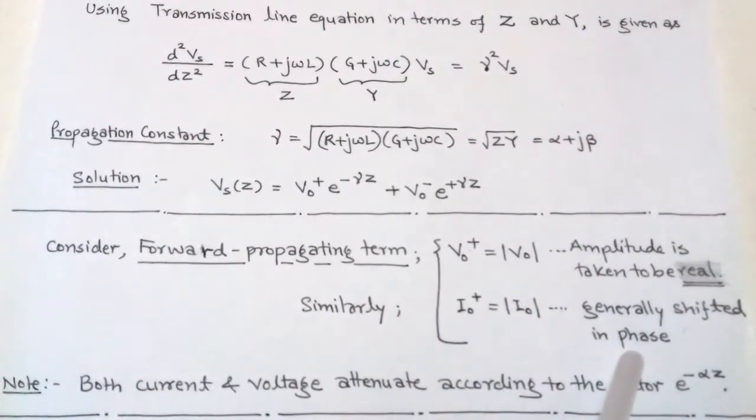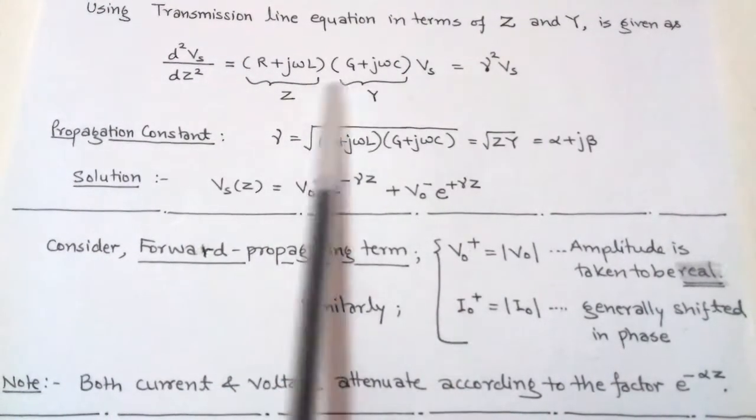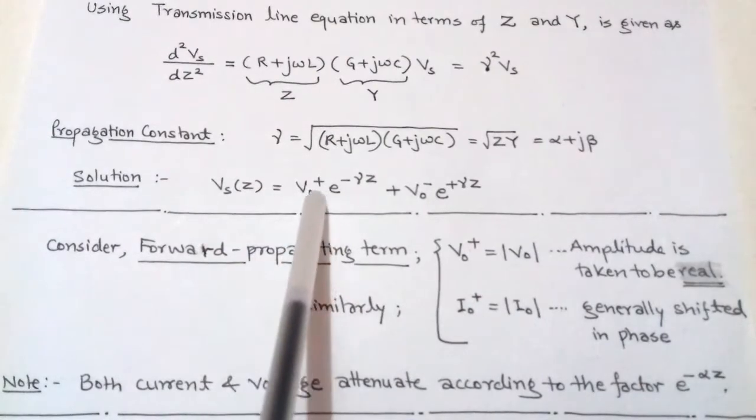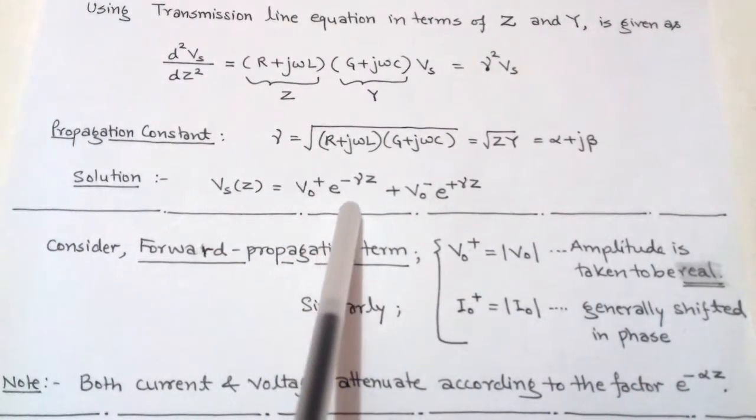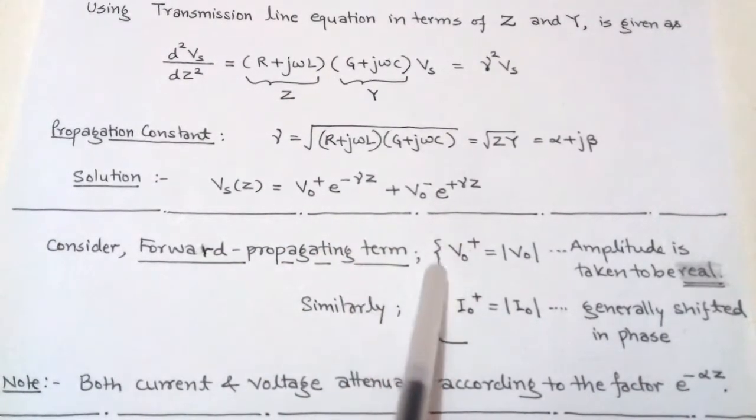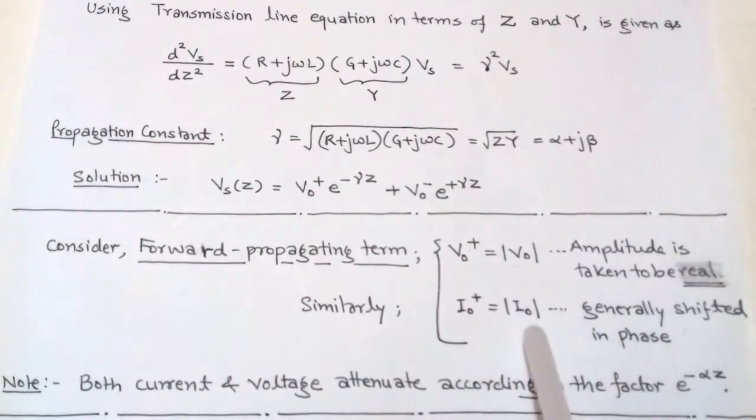So here we take a transmission line equation in terms of Z and Y, and after getting a solution in terms of real voltage and real current, we get a real amplitude and real current in terms of mod V0 and mod of I0.